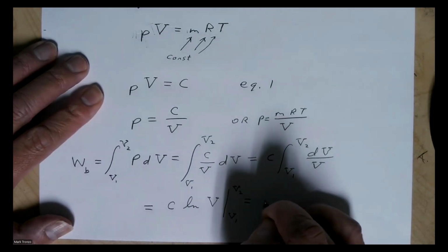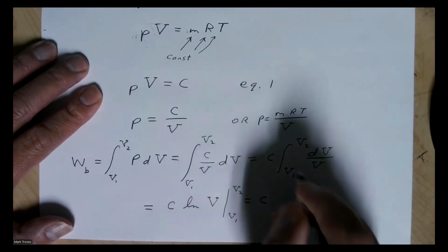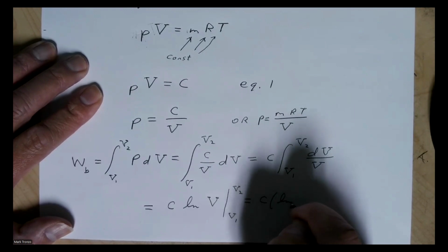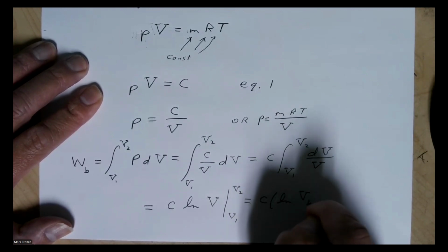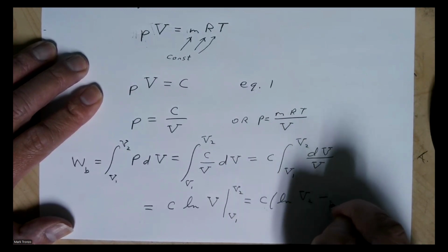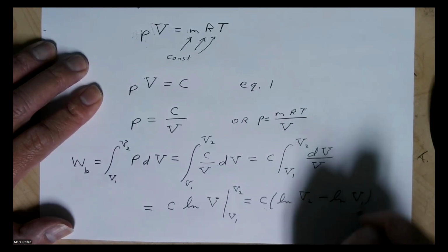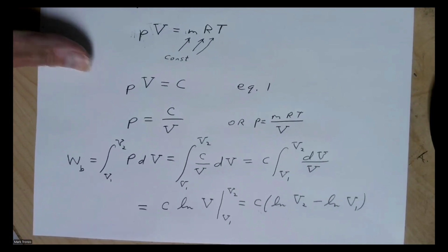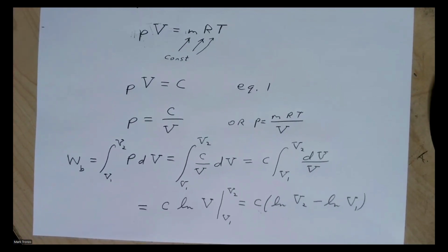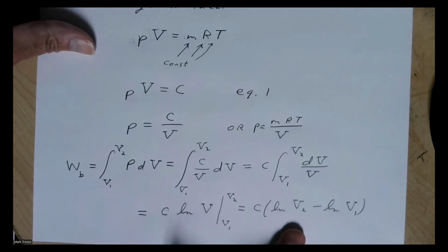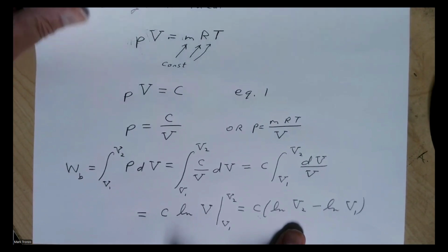And so it's going to be C. I'll factor out the C, so it's going to be log of V2 minus the log of V1. And you remember we can combine the logs when we have a negative like this.